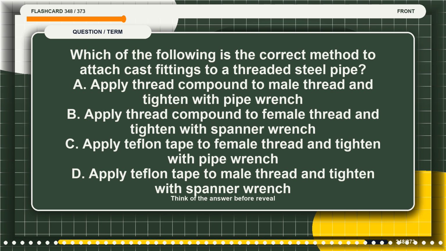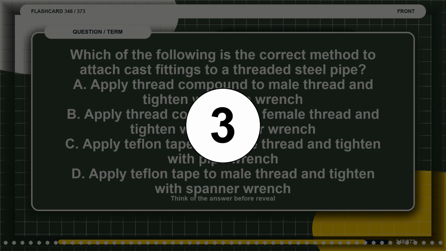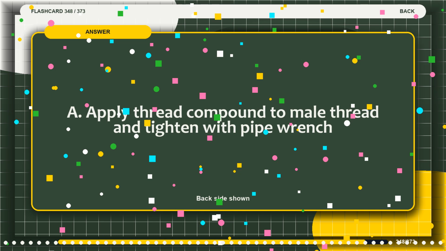D. Apply Teflon tape to male thread and tighten with spanner wrench. Think of the answer before the reveal. The answer is A. Apply thread compound to male thread and tighten with pipe wrench.